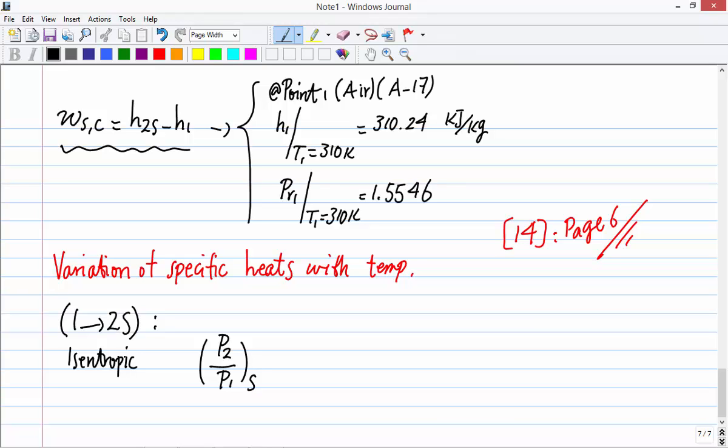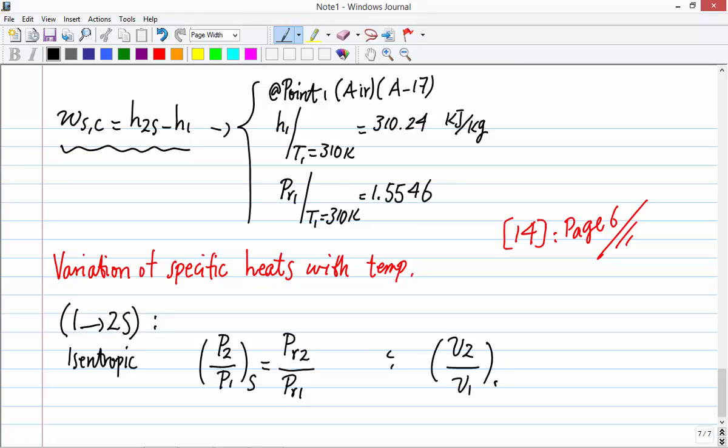Here, I assumed. Then I can give you the link between point 1 and point 2. I can give you this relative pressure, which is PR2 and PR1, or I can give you a relation between specific volumes if you are still assuming it's isentropic.